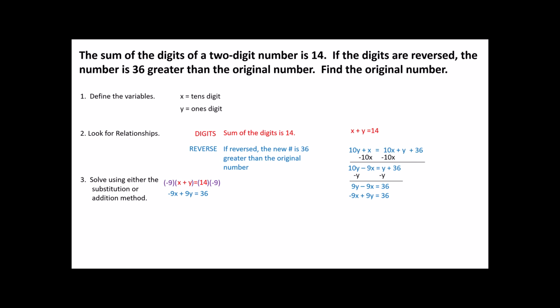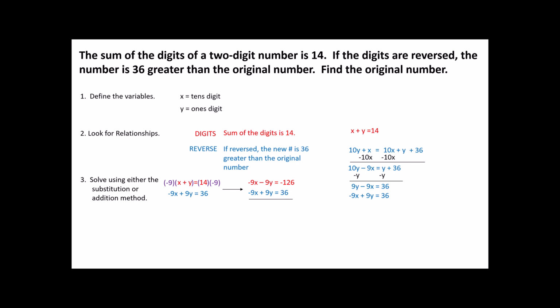Because of that, I'm going to change the first equation using the property of equality. I'm going to multiply both sides by negative 9. That turns the first equation into negative 9x minus 9y equals negative 126, and the second equation is still negative 9x plus 9y equals 36.